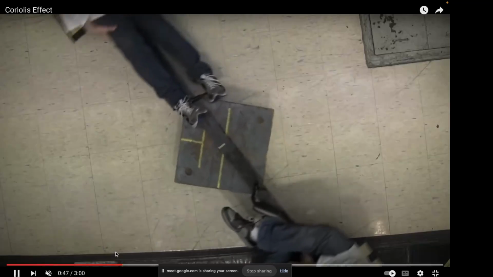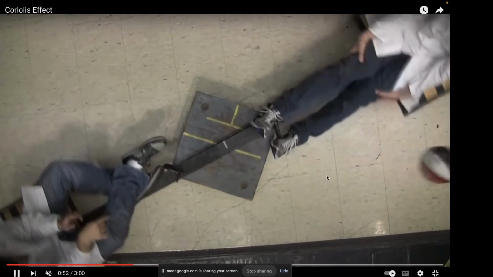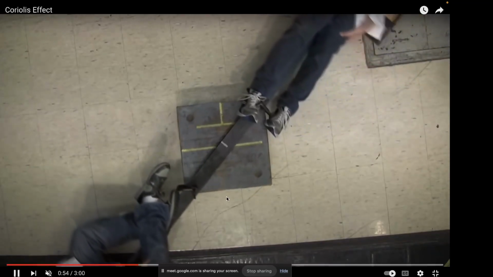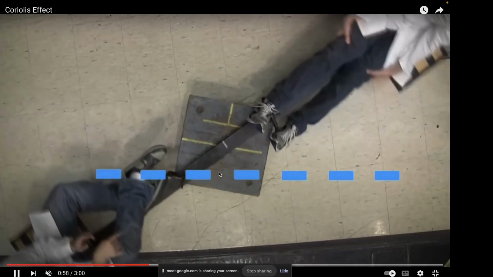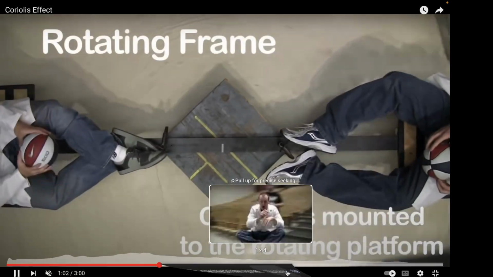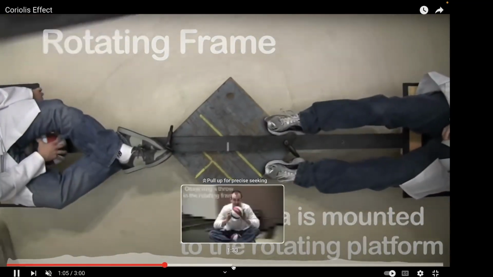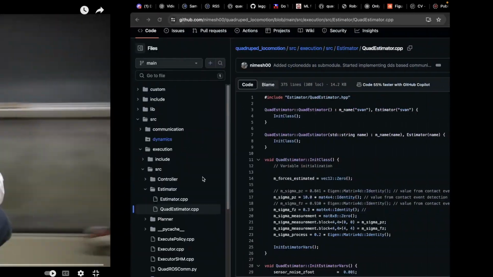He's trying to throw it as straight as possible. So in the inertial frame, the velocity given is the straight line velocity from this person. But when you see the same thing from this rotating frame, you see that this deflection happens.